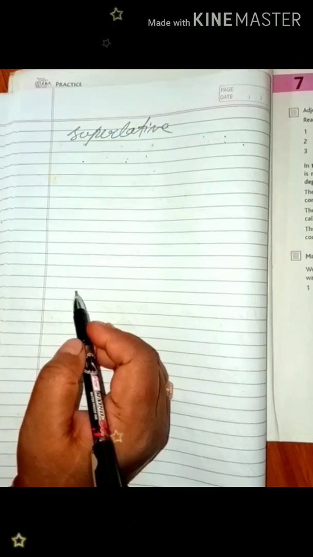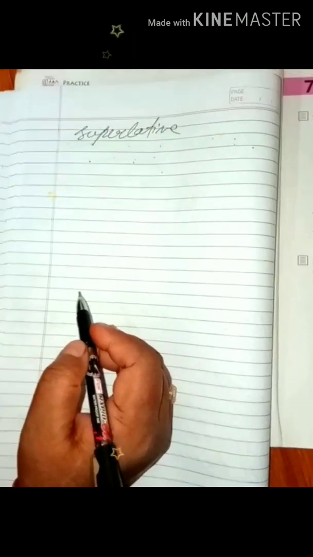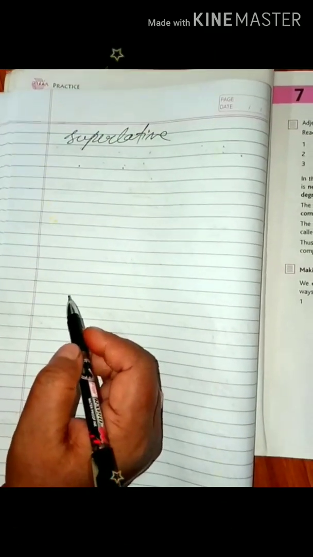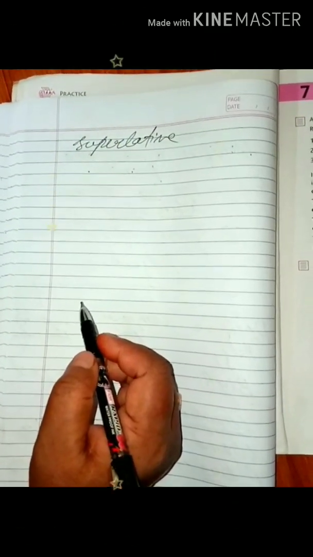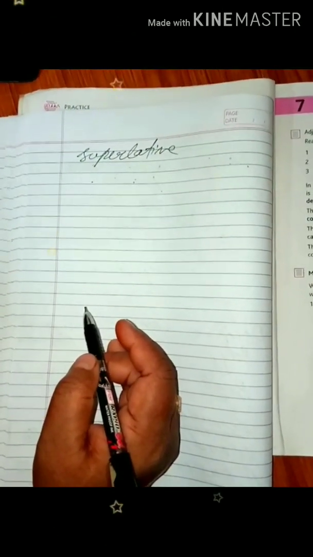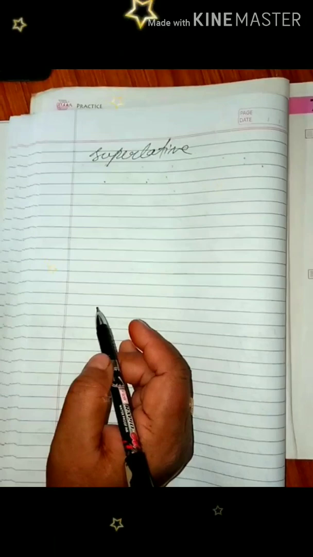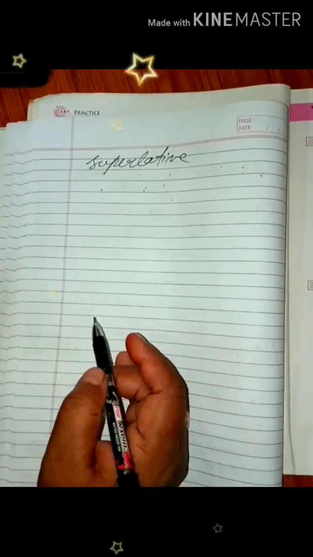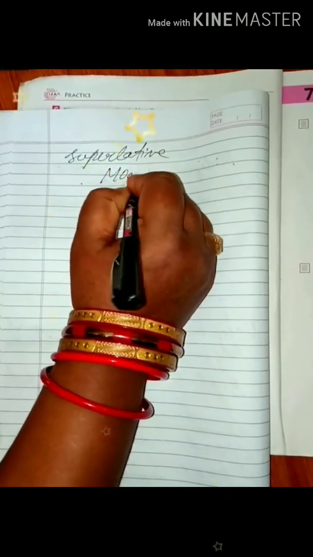So a superlative degree expresses the highest intensity, that is quality or quantity of a thing in comparison to many other things, not one but more than one. Okay, so a superlative adjective states that a thing is surpassing all the other things in terms of property, characteristics or quantity. So I told you the superlative should be more than 2.